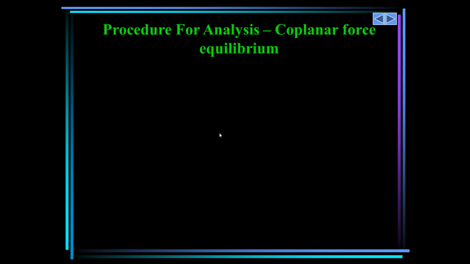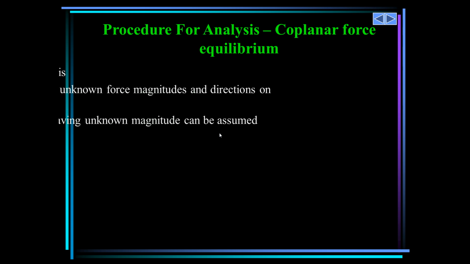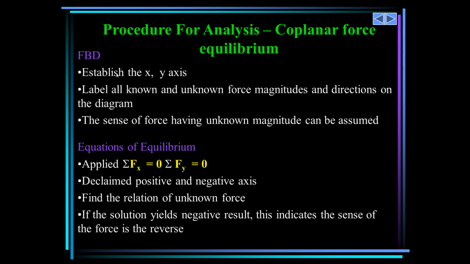Okay, the procedure for analysis of coplanar force equilibrium also suggests how to draw the FBD. Before drawing the FBD, we need to establish the reference coordinate, which means the X, Y axes. Then label all known and unknown force magnitudes and directions on the diagram. The sense of a force having unknown magnitude can be assumed.